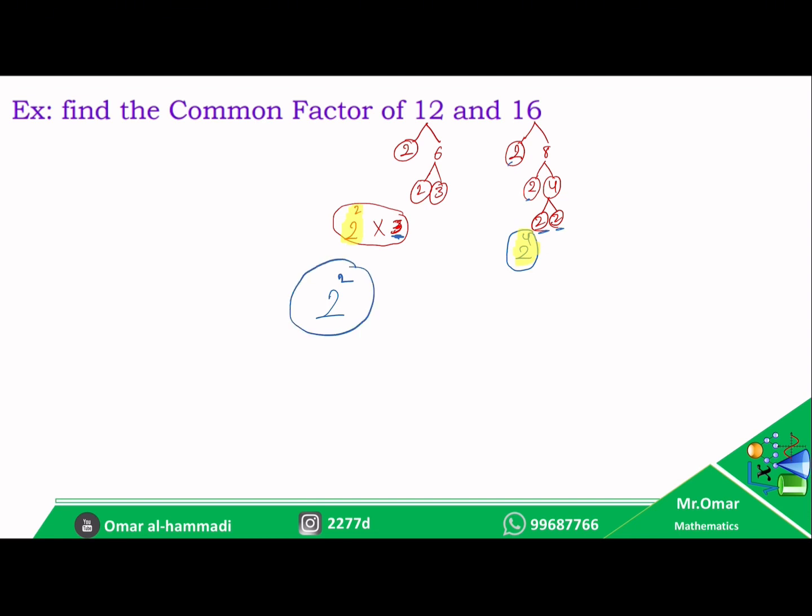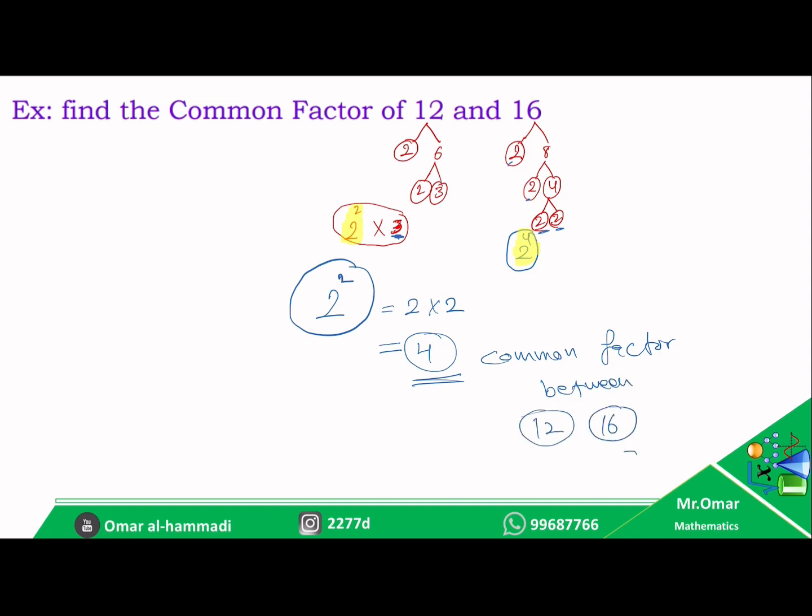What do you mean by 2 to the power 2? That's meaning 2 multiplied by 2 2 times, it will be equal 4. So this is the common factor between 12 and 16. Clear? That's it.